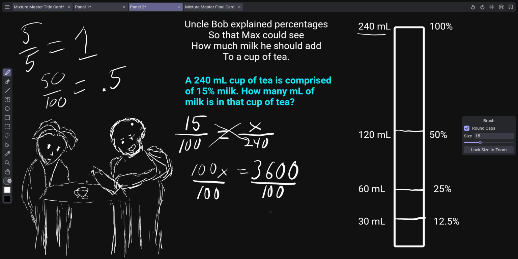And this is going to give you 36. And this isn't a percentage, right? Remember, we were working with the percentage here. This is actually a milliliter value. So it'd be 36 milliliters. And then if you see, 36 milliliters would kind of fall somewhere around here.